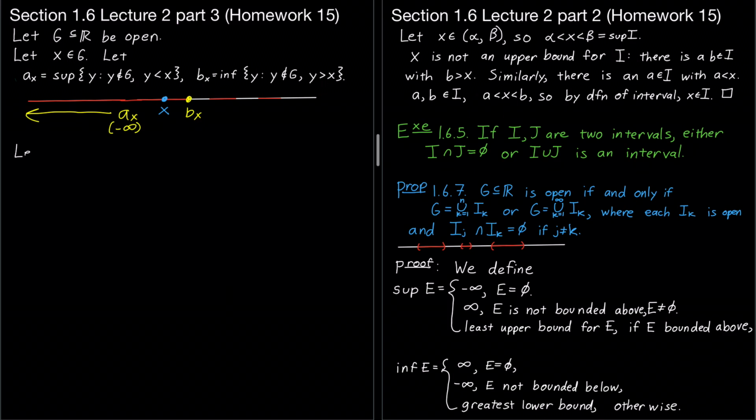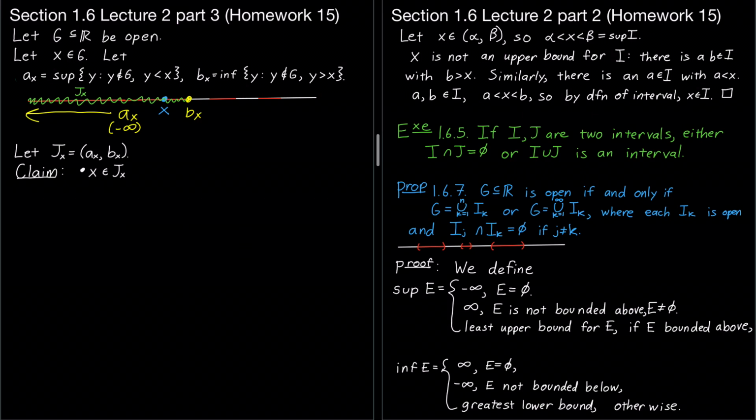And then we're going to give this a name. We're going to name J sub X. We're going to say that it is the open interval from A sub X up to B sub X. And in this case, that would be from minus infinity up, including X, up to B sub X. And so I want to tell you three things about this interval J sub X. The first of them is that X is in J sub X. So X can't be A sub X, but it's got to be bigger than it.